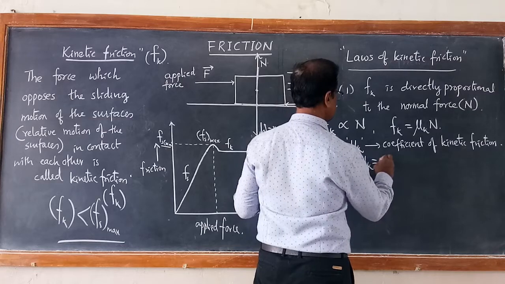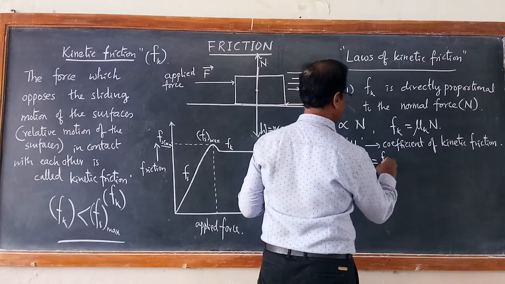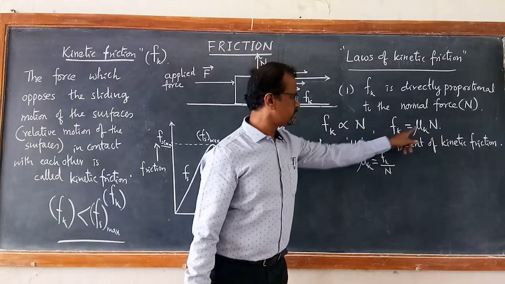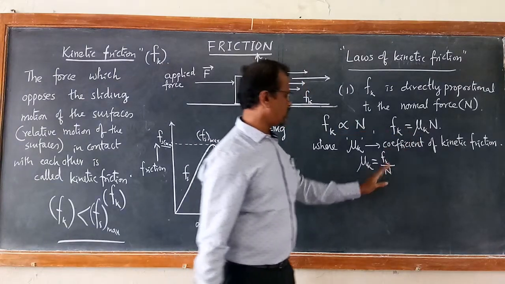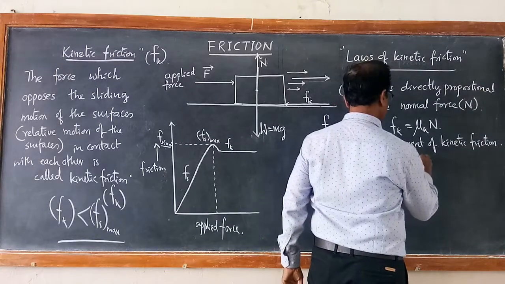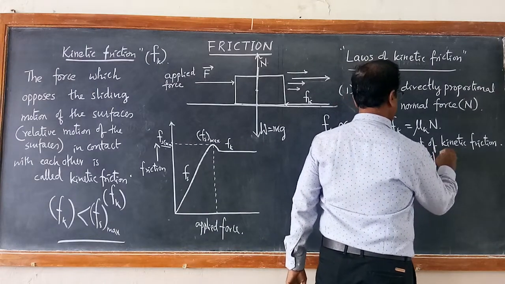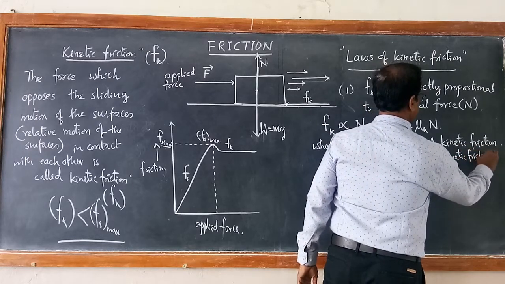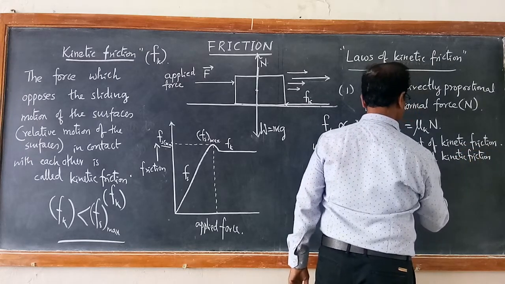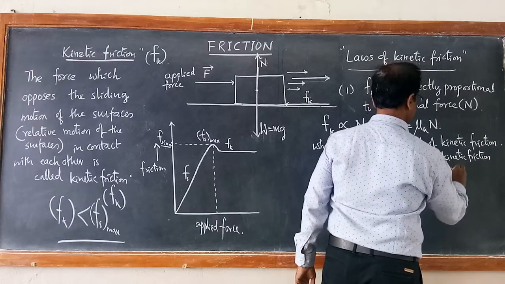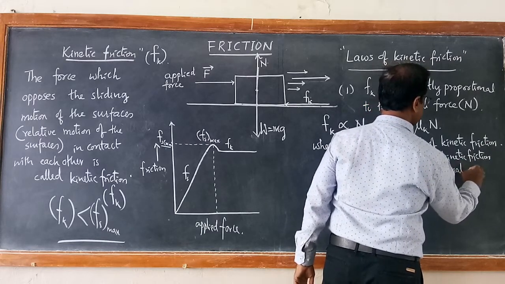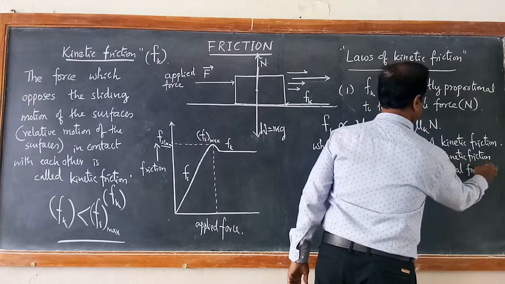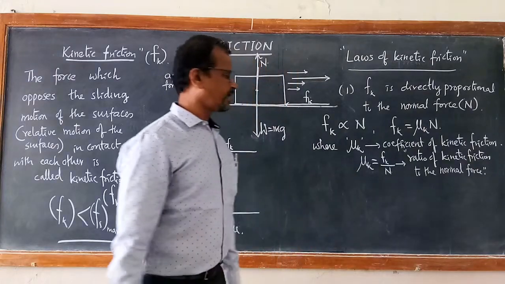Uk is defined as the ratio of kinetic friction to the normal reaction. From this equation, Uk is equal to Fk by N. So it is the ratio of kinetic friction to the normal force, or normal reaction. This is how we define the coefficient of kinetic friction.